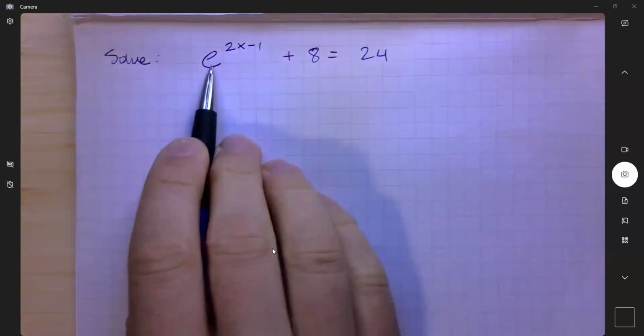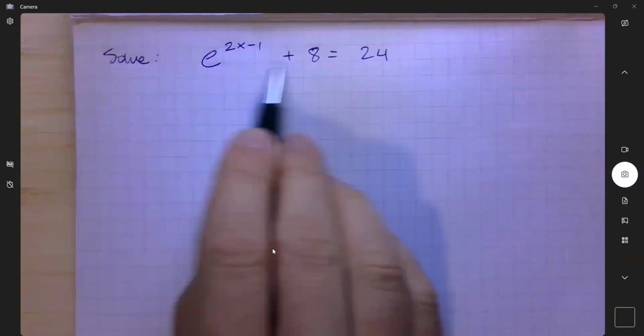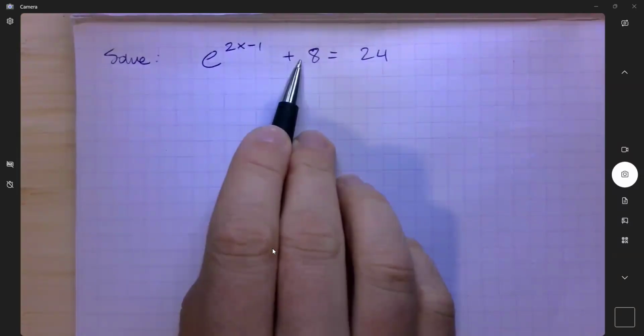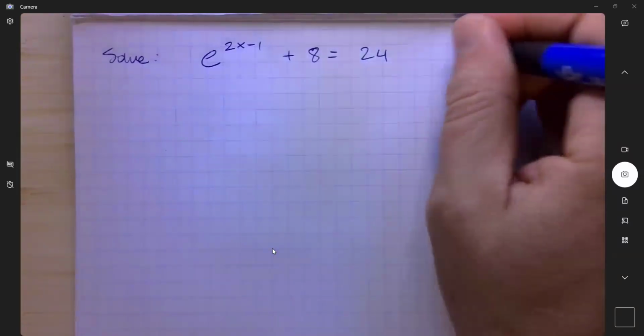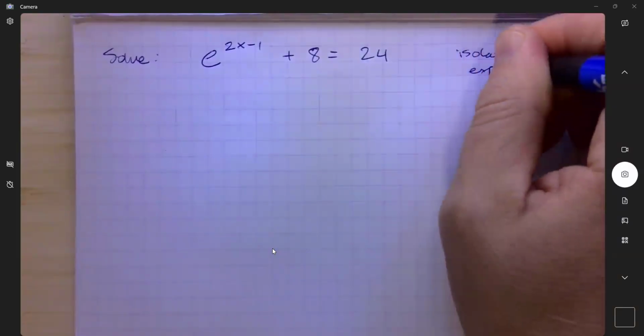Now, I don't want to apply my logarithm yet because although my x is trapped as an exponential, there's this adding of 8 after the exponential process. So first, I need to isolate the exponential.